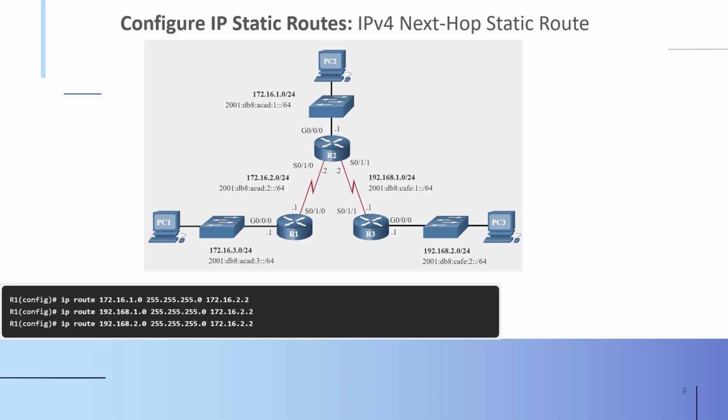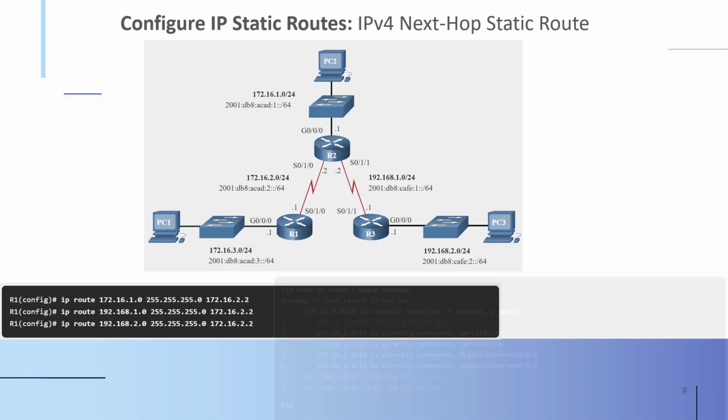And this network can be reached by the next hop router, which is the IP address of the interface serial 0/1/0 of router 2 and is 172.16.2.2.